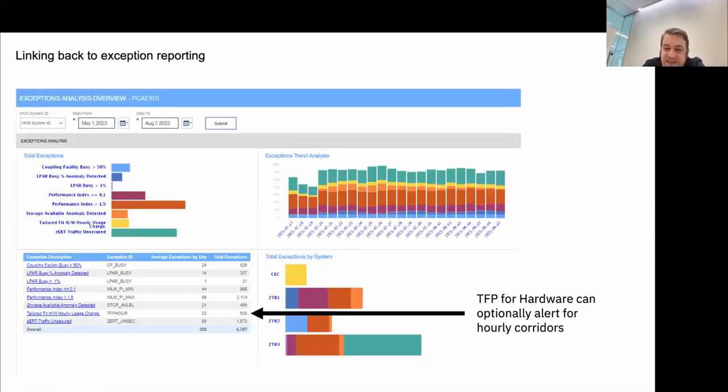And again, this links back to what we can do with exception reporting. So we can put in an exception to say, how many times did we spike into the hardware corridor for TFP? And look at that trend as well. So the analysis that IZPCA can do here can show you where trends occur within that time frame.